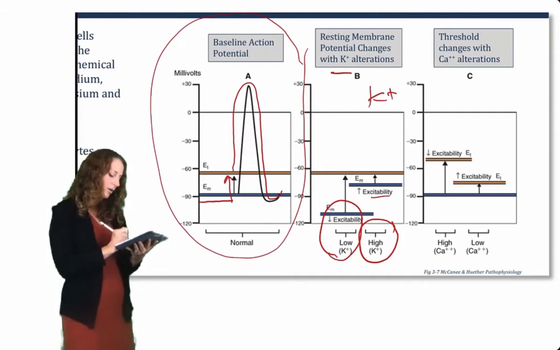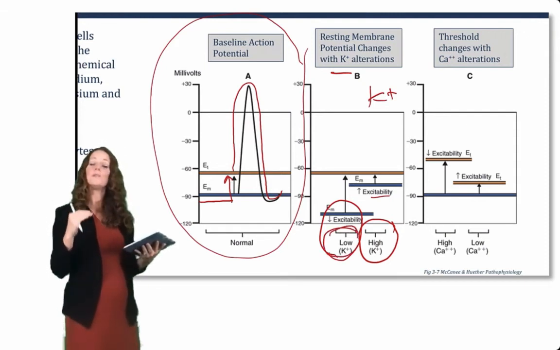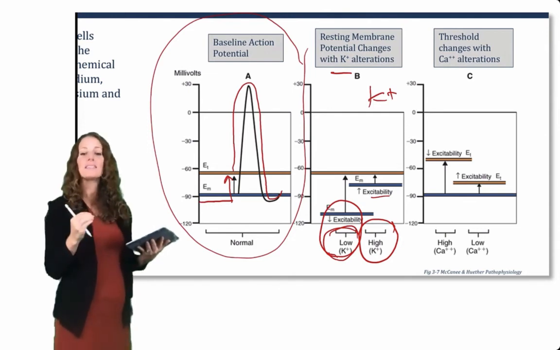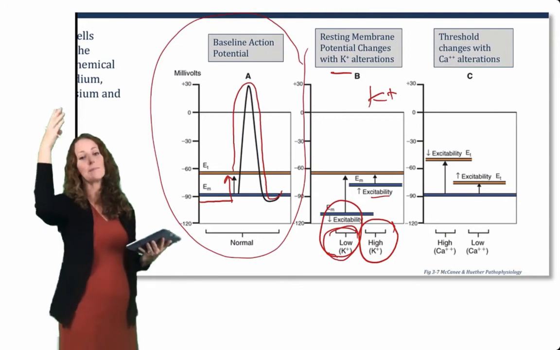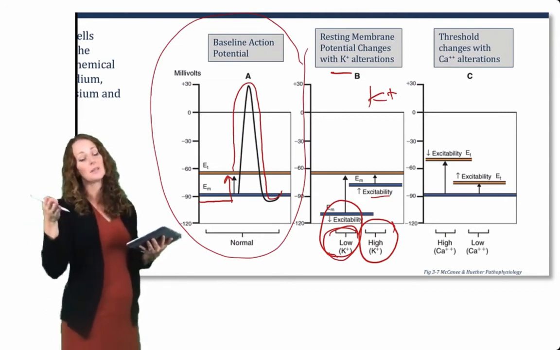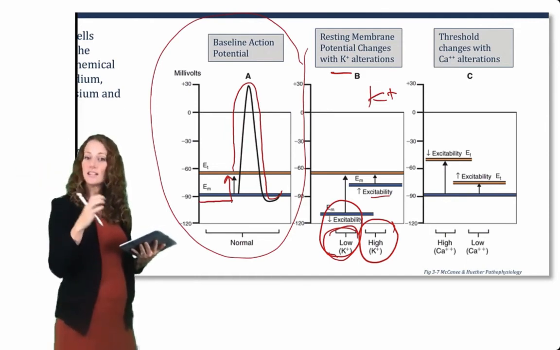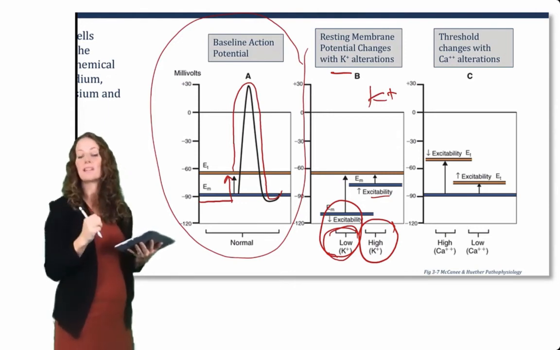In the case of low potassium, you can't get action potentials to begin with because you're too far from threshold. In the case of high potassium, you'll get some action potentials, but once those action potentials happen, you're unable to reset back down to rest to get the action potentials to happen again. So potassium can lead to changes in excitability because of the decrease or increase in membrane potential.